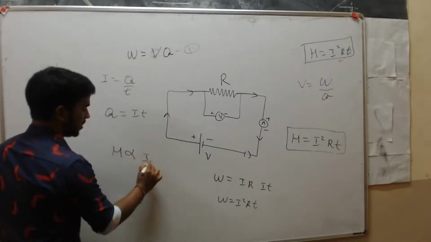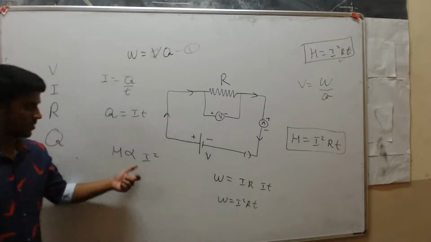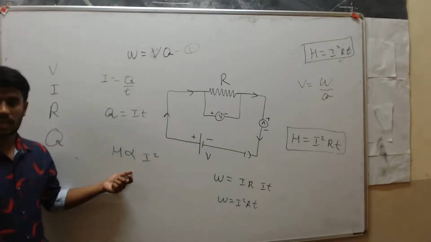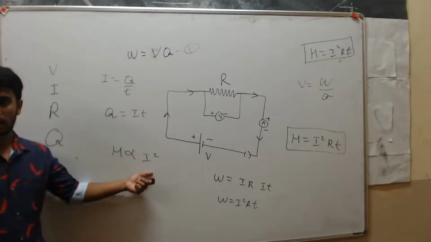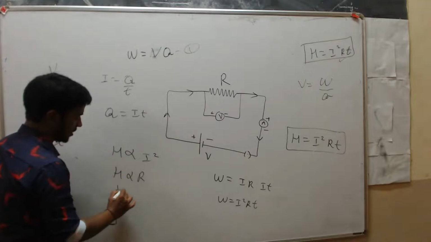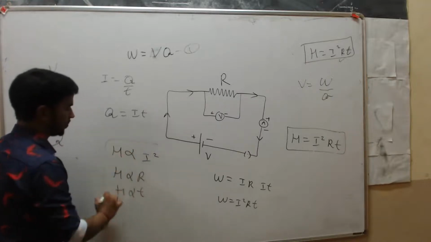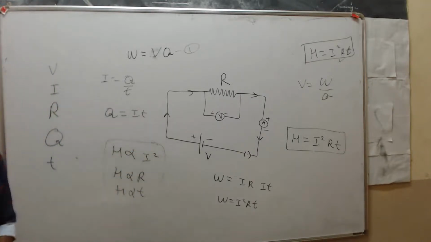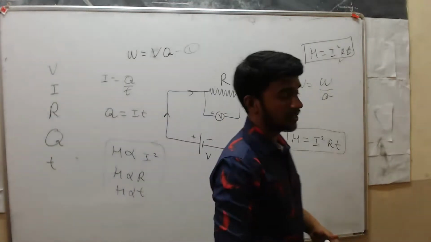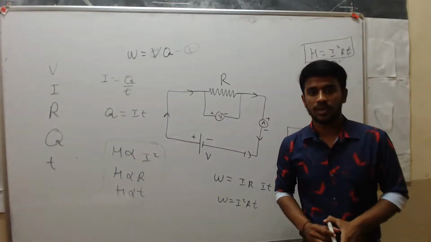Then H is directly proportional to resistance and H is directly proportional to T. Okay, so this is known as Joule's law of heating, and using this formula we can calculate the heat developed in the conductor.